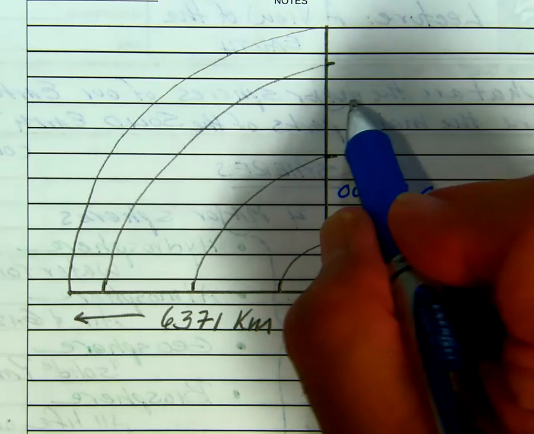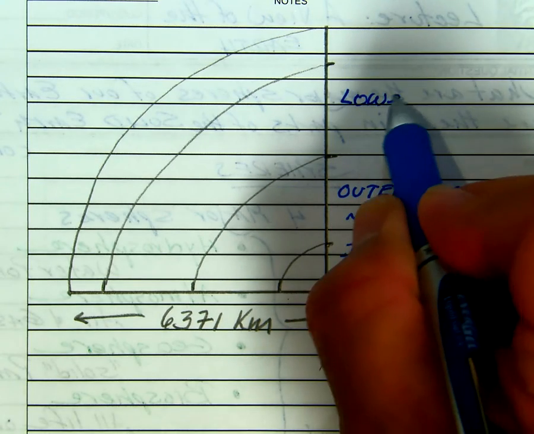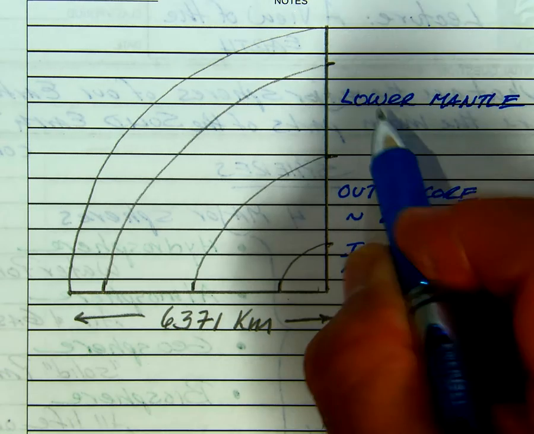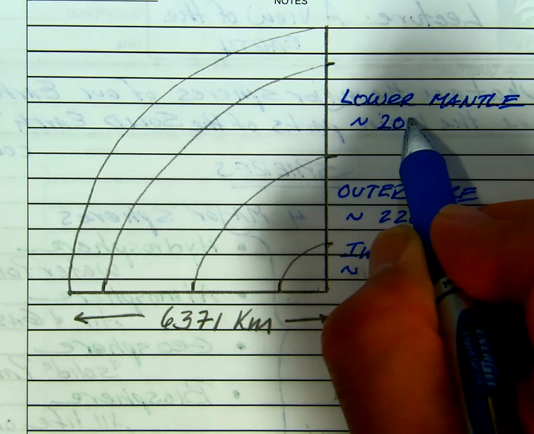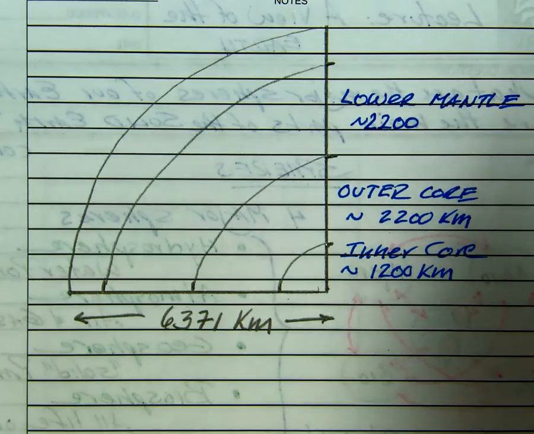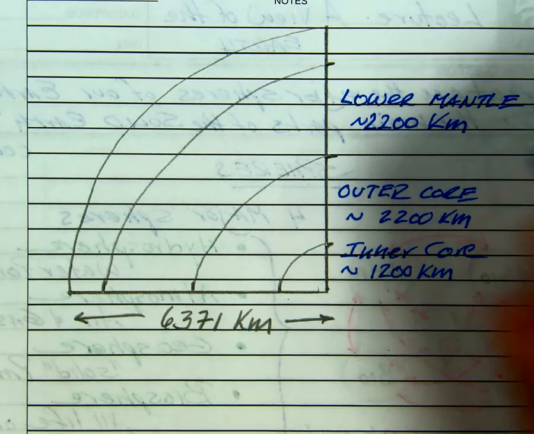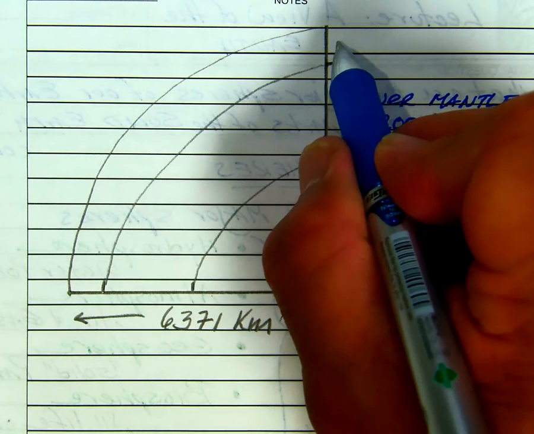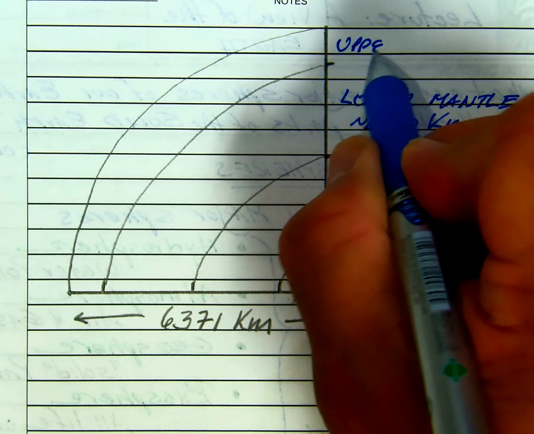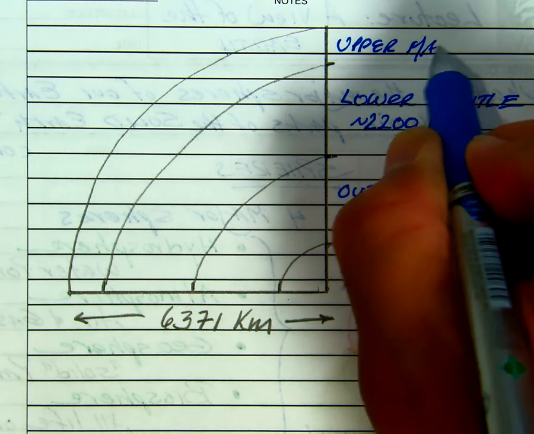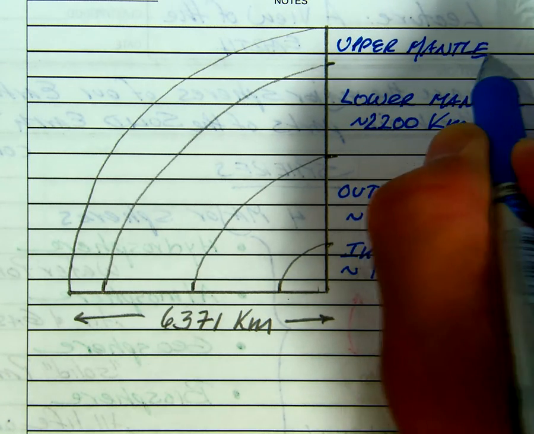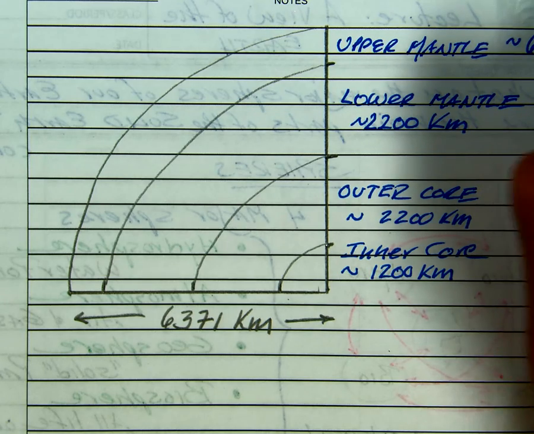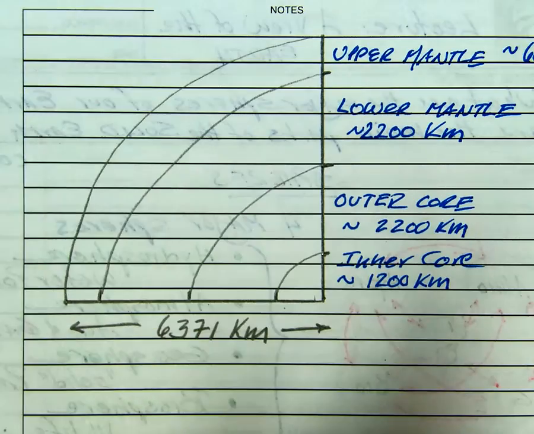The lower mantle, approximately 2,200 kilometers. The upper mantle, approximately 600 kilometers. And then of course the crust on the outside.